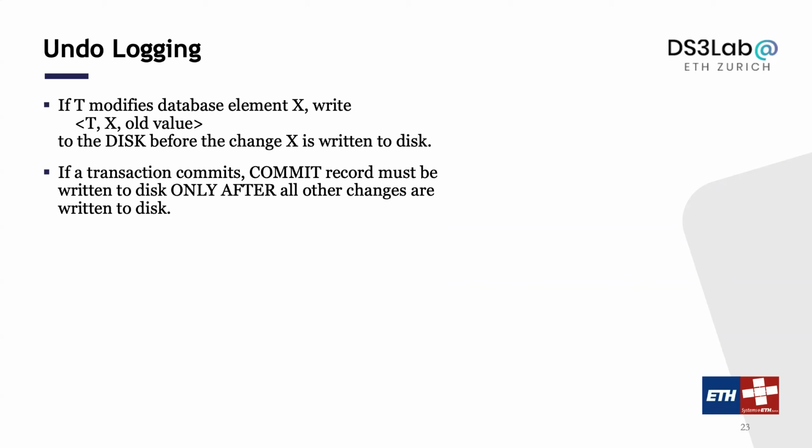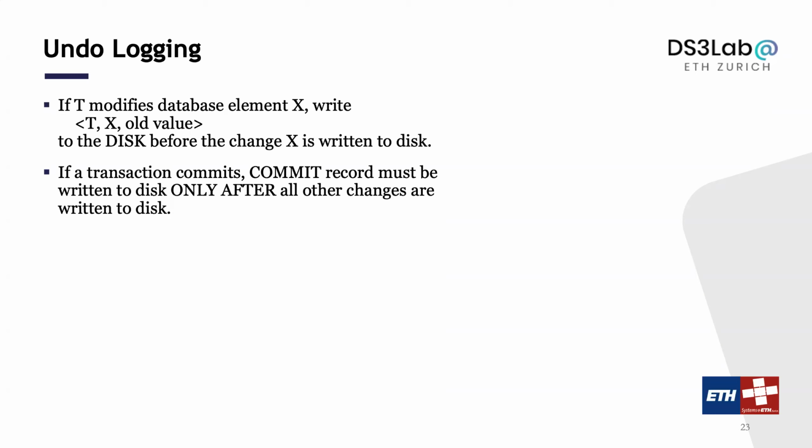If the transaction commits, we will have a commit record in the log, and we want to make sure the commit record is written to disk only after all other changes are written to disk. We cannot write the commit record in the log file before all the changes of the transaction are done.